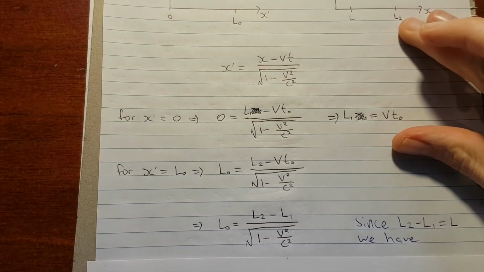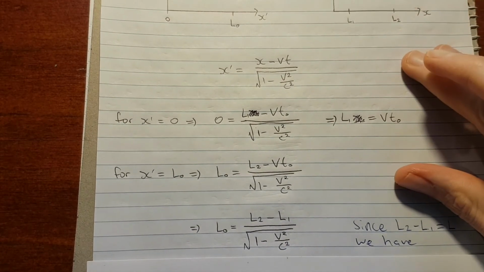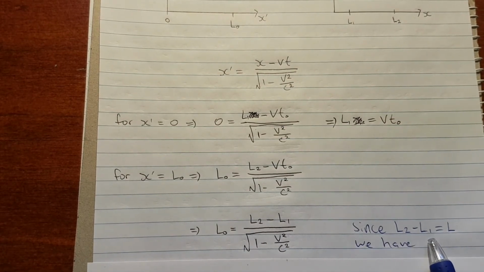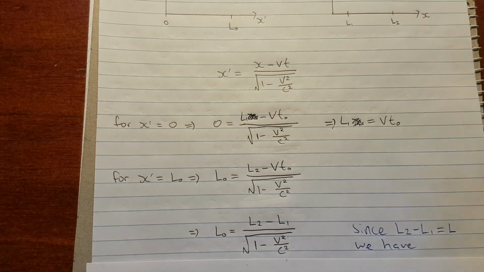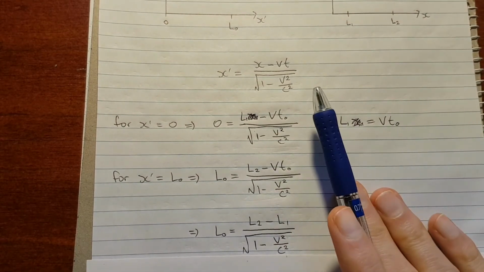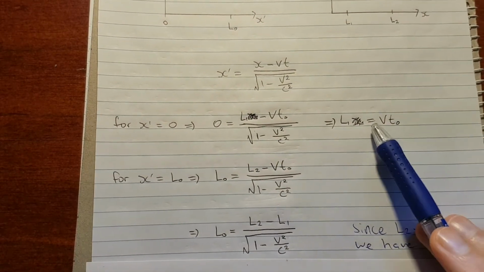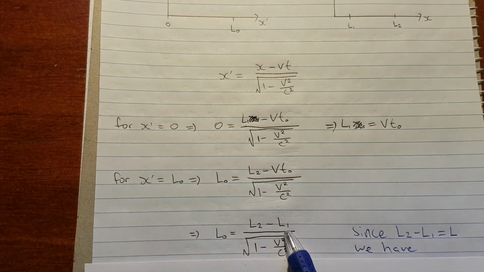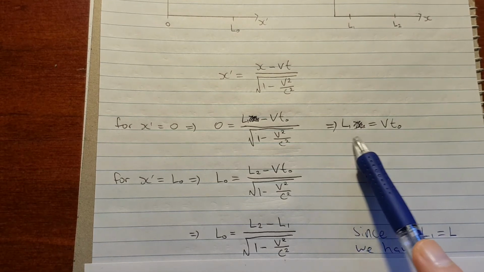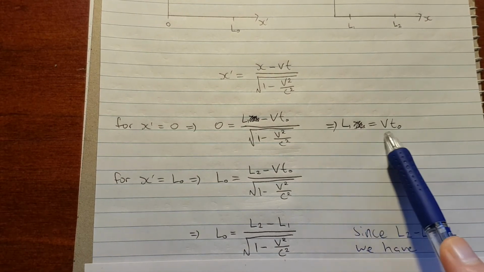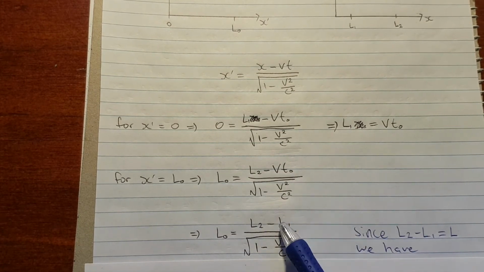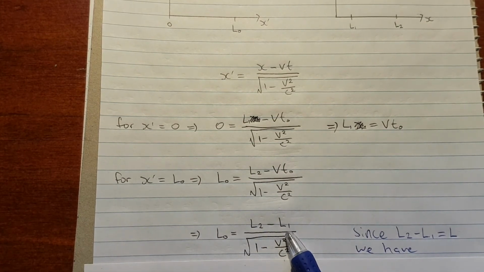So here we've got L2, but now we've got minus L1. That's because we found over here that L1 is equal to v times t naught, so we can just substitute in L1.